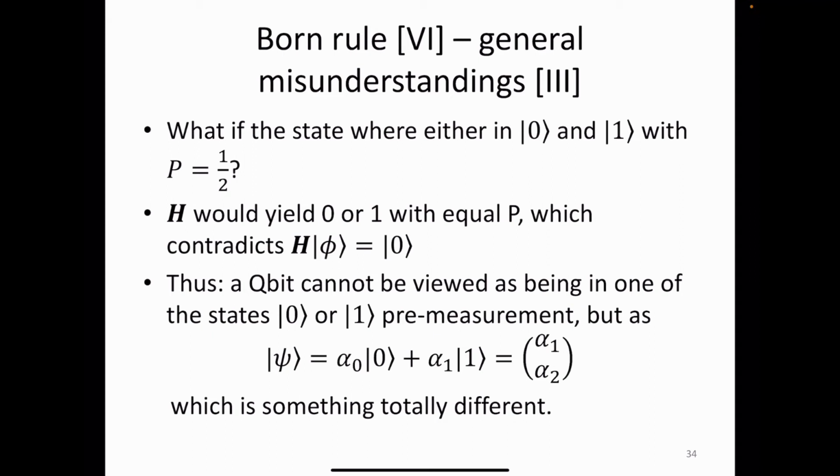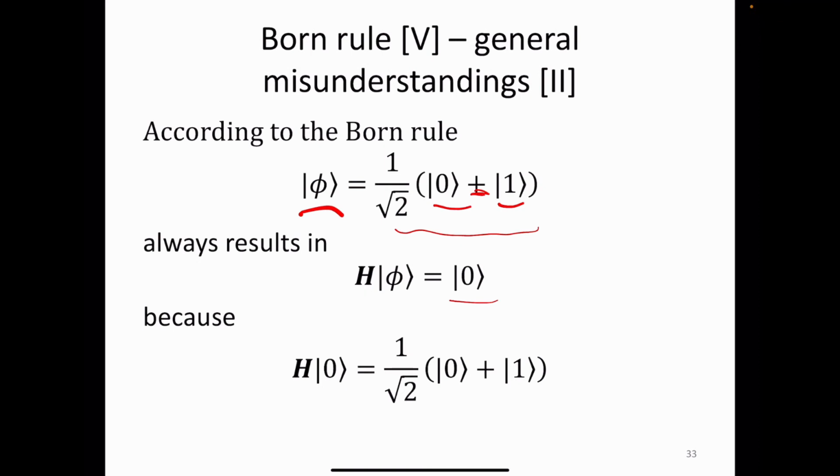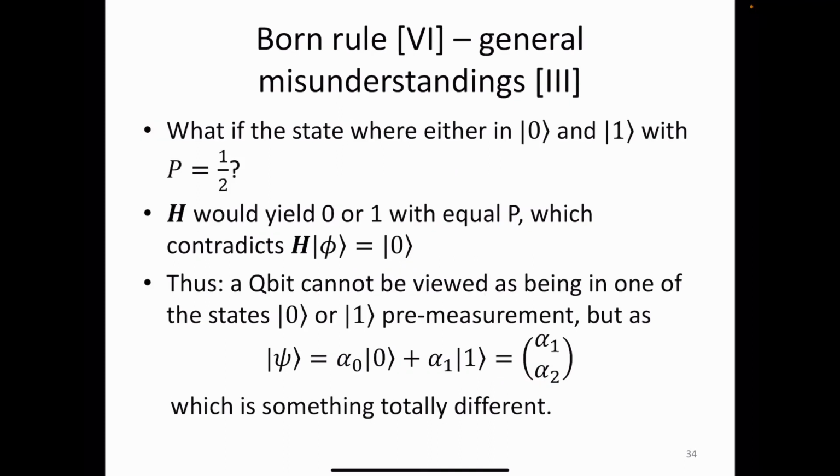So the Hadamard transformation per se gives you an equal probability distribution of your bits, a superposition state applied to a definite input state. Which contradicts what we just extracted directly from applying our Hadamard transformation to that state here, which gives us 0, because it's invariably 0.